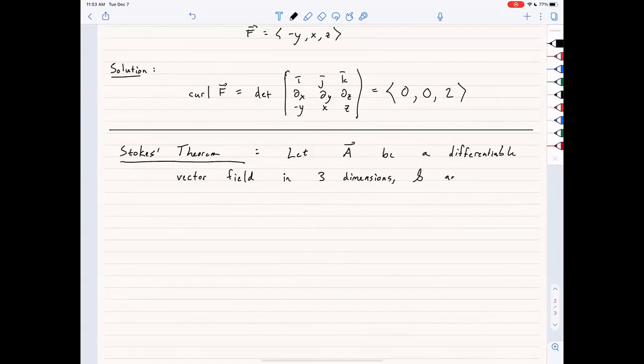S, an oriented surface, with compatibly oriented boundary. We'll call it C.